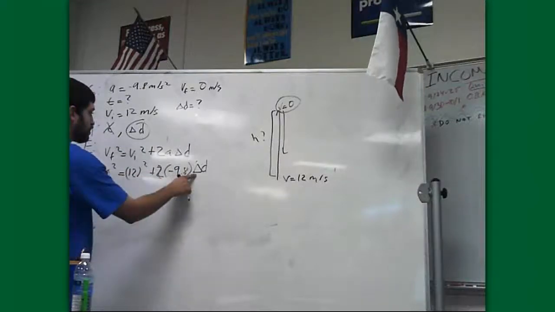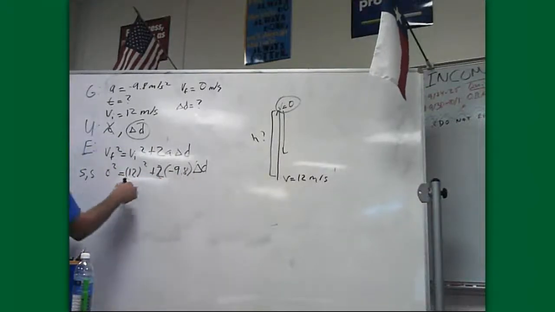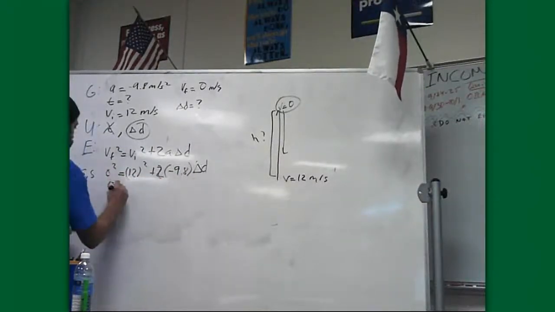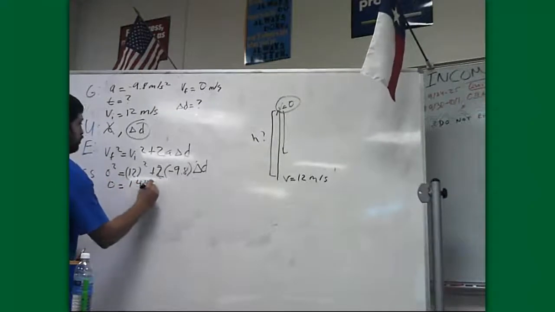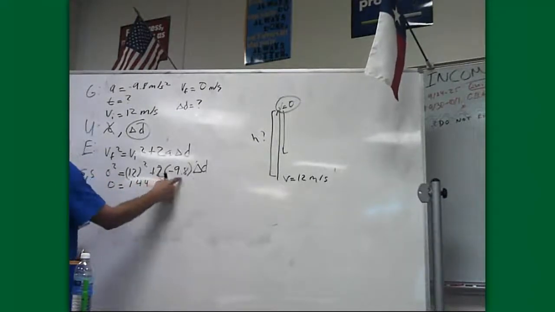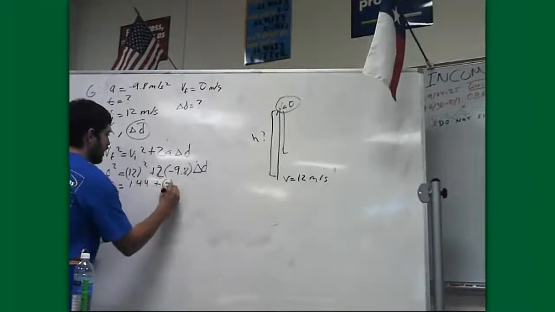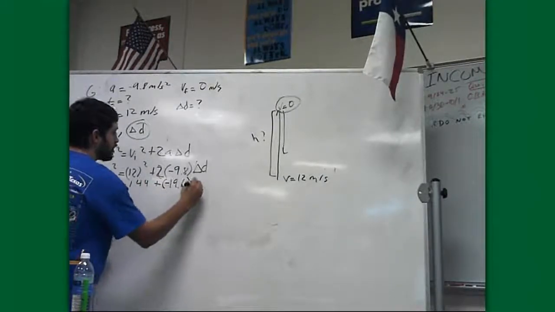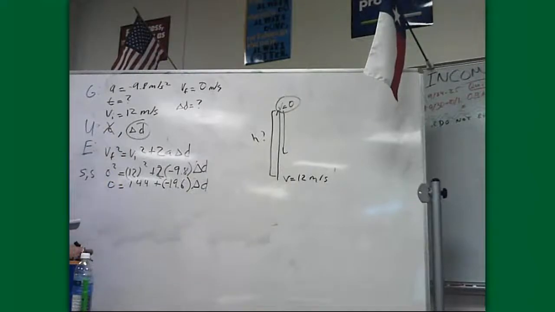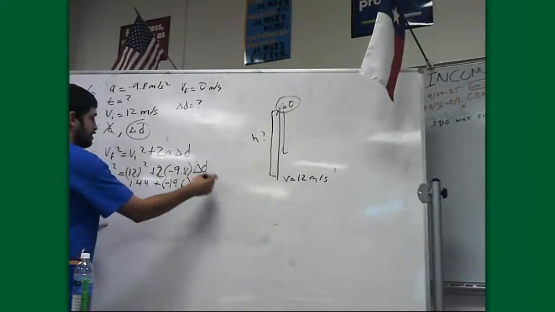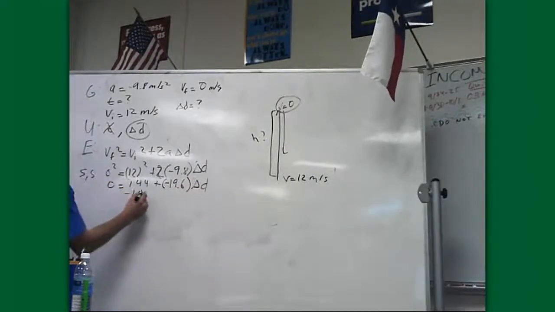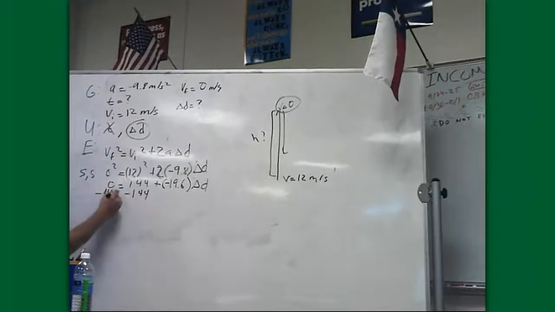So here we go. Let's work this out. 12 squared is 144, so 0 equals 144 plus 2 times negative 9.8, which is negative 19.6, times delta D. Start out isolating delta D by subtracting 144 from both sides.